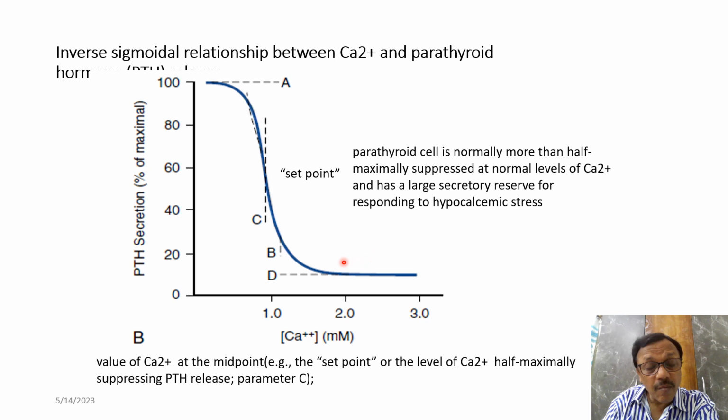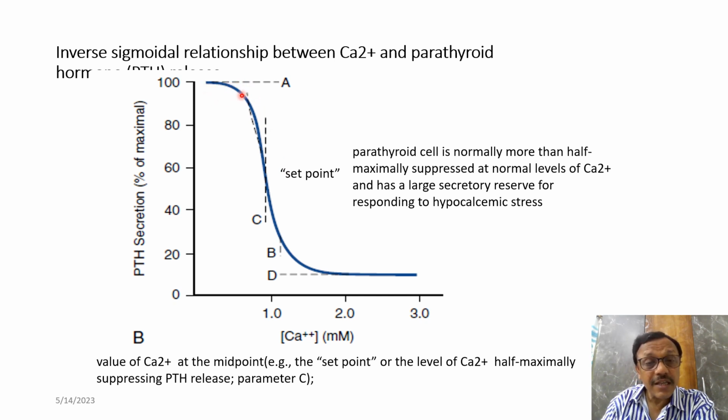As the amount of calcium decreases, the amount of parathyroid hormone can increase. So this is the maximum amount. So number one property: a minimum amount of hormone can be secreted but not zero, and there is a maximum amount of hormone it can secrete.